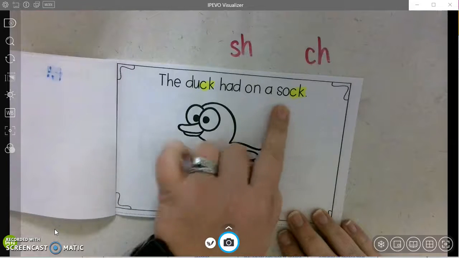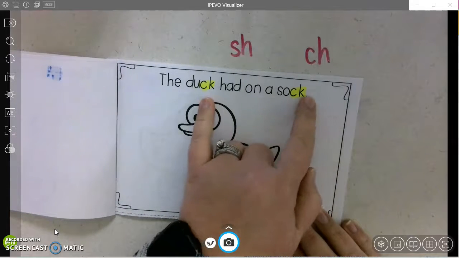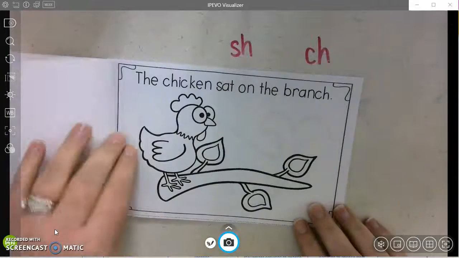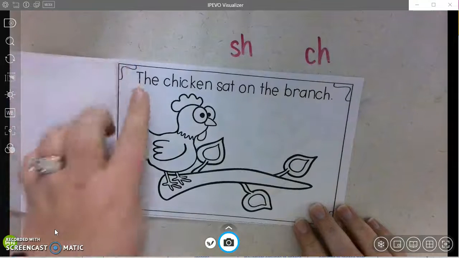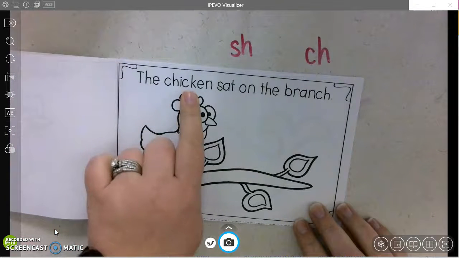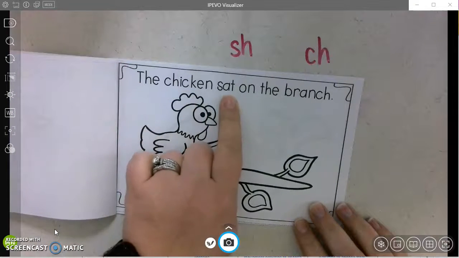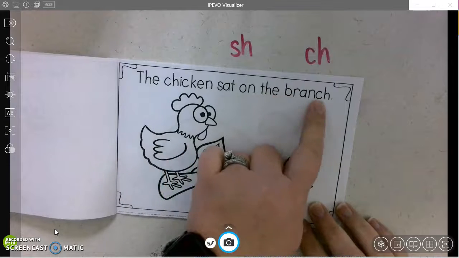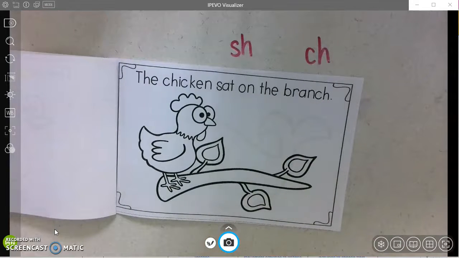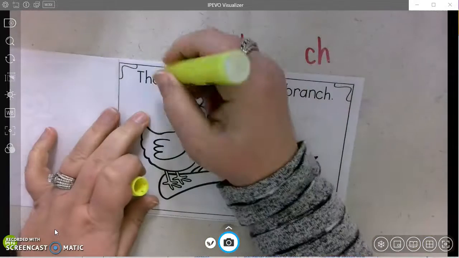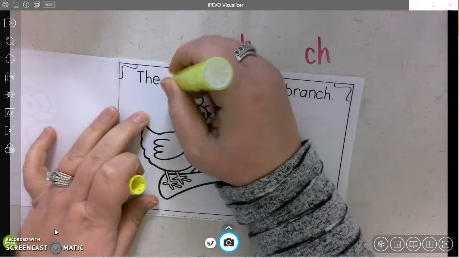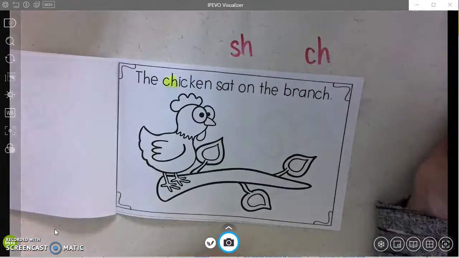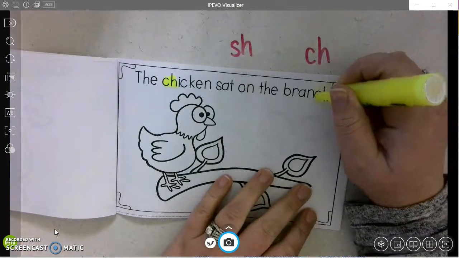Ooh, I see a C, but it's not an H, it's a K. The chicken sat on the branch. There is CH words. I haven't completely lost all of my marbles. Just most of them.